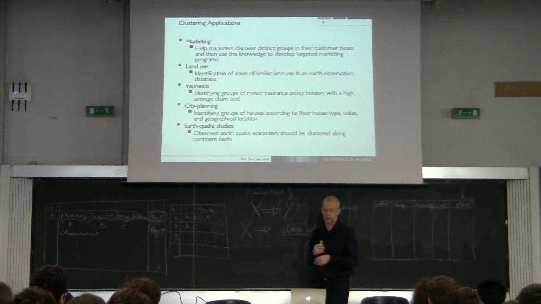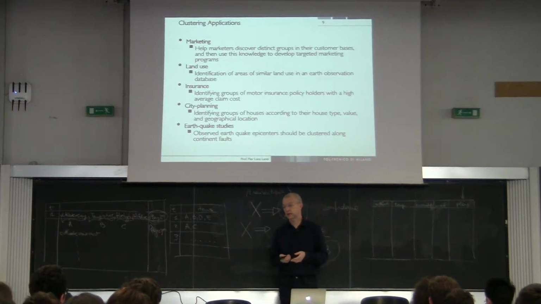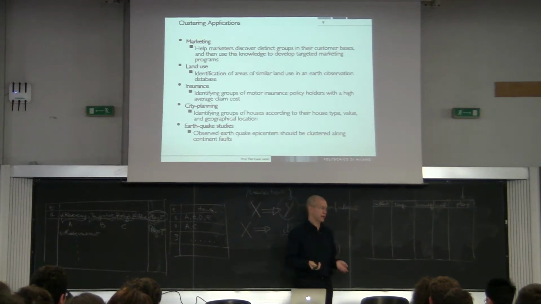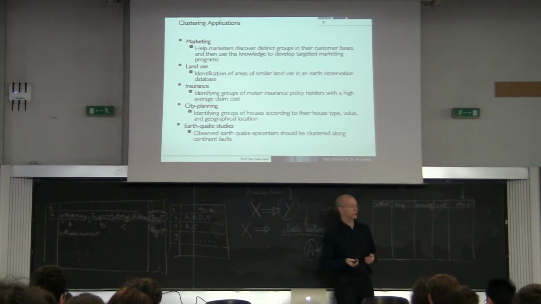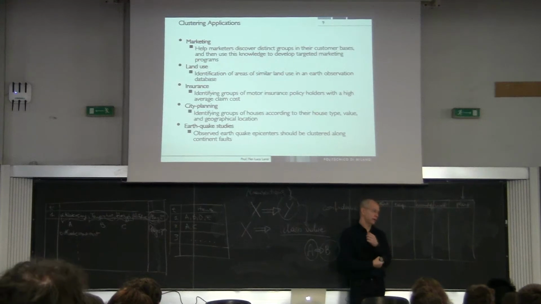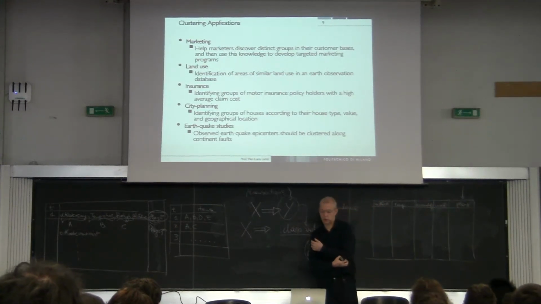In marketing, segmentation is a very typical thing. You give me some customers and their buying patterns, and I try to find groups of customers with similar buying patterns. Insurance is almost the same.